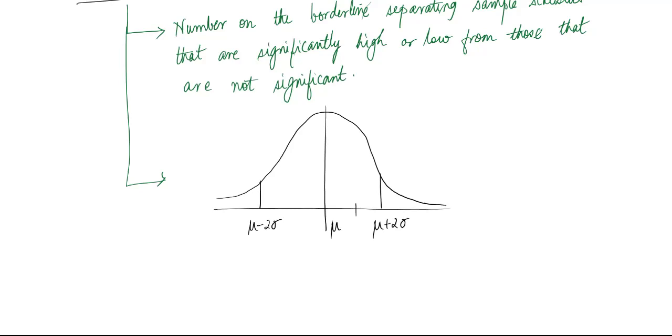This is 1 standard deviation, and this is 3 standard deviations. Anything beyond here and beyond here means something is unusual, okay? We went over this early in the course. If anything is unusual, it means it's significant.